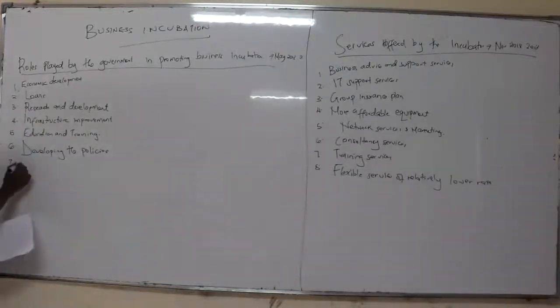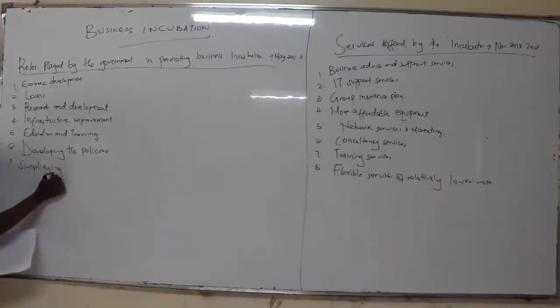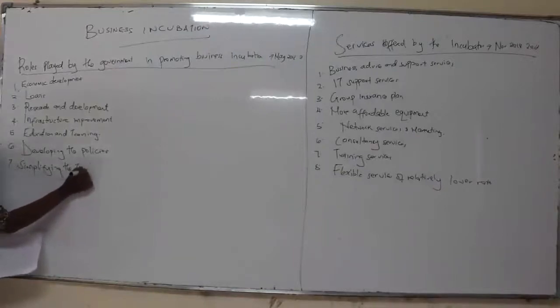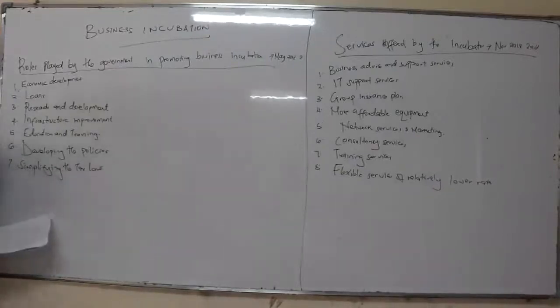Another one is simplifying the tax laws. We find that the government offers favorable tax rates, simplifying procedure, and provides entrepreneur support, leading to a higher number of startups. Those are some of the roles which have been played by the government in promoting the business incubation.